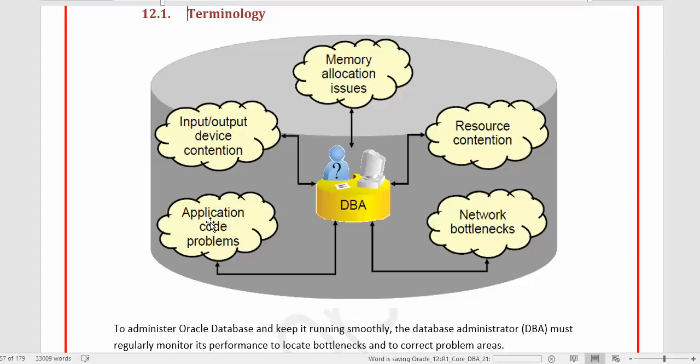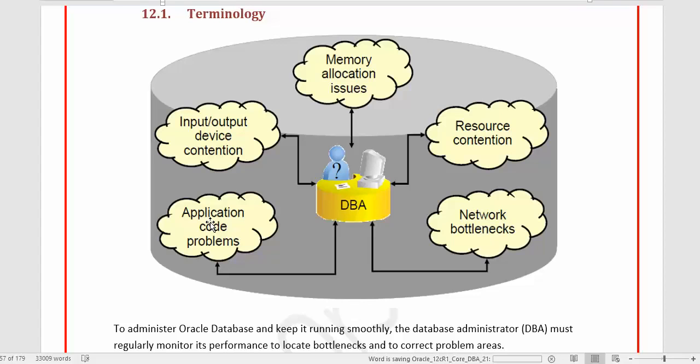And then the network. Definitely your database server will be on a different Linux machine and your application will be on a different Linux machine. Whenever there is data flow between the application server and the database server, there may be network level bottlenecks, because the network is common across all the servers.